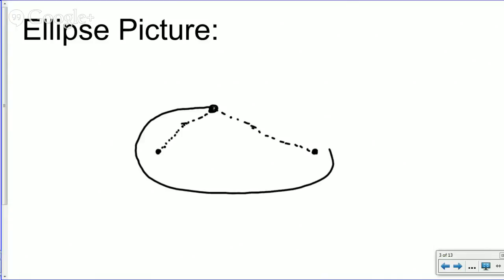And if I take a string and connect it to both of those and stretch it out a little bit, and let's say I put my pen right here, and I swing that around, just like with a circle, we get this elliptical shape. I know that's really bad, but you kind of get the idea of what's happening.